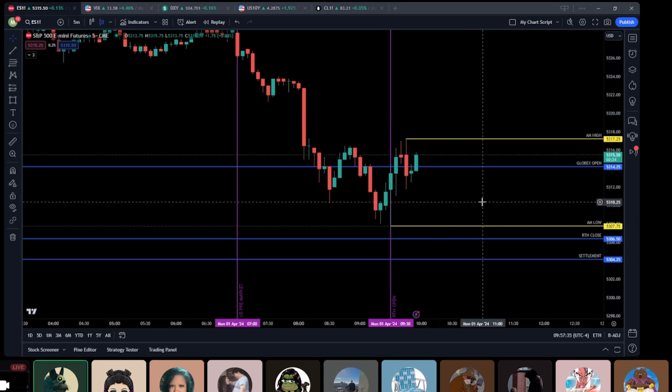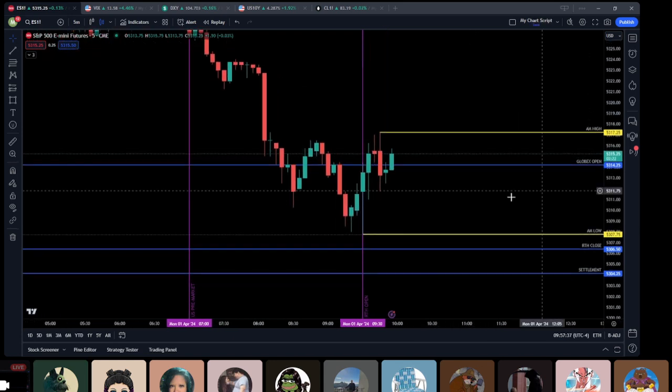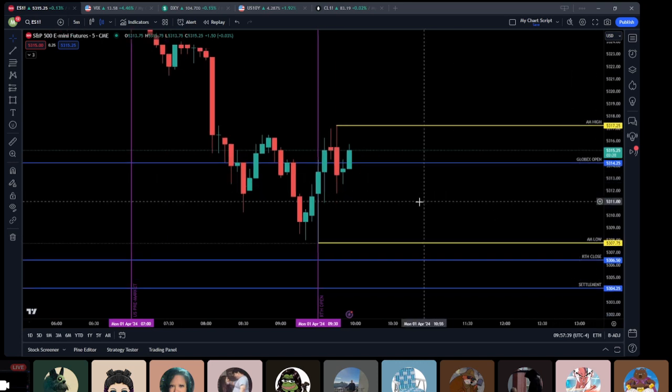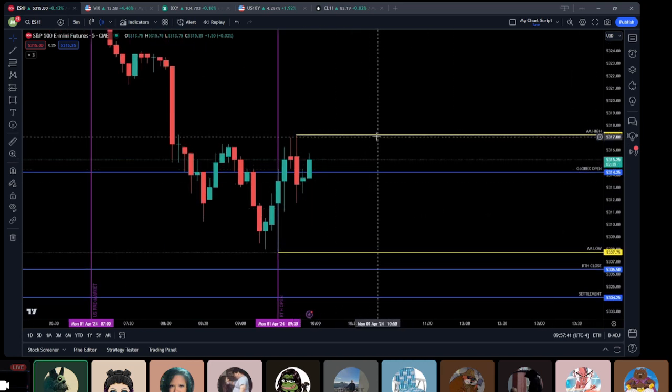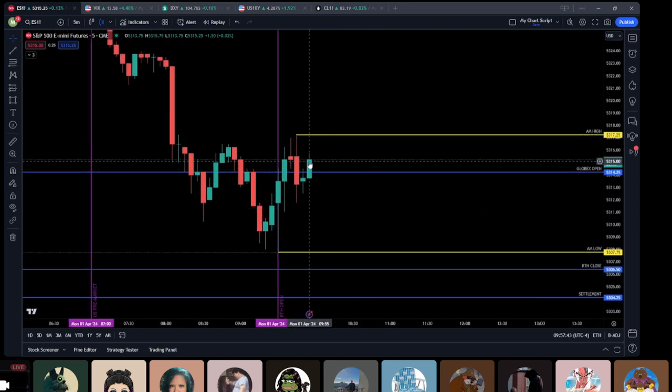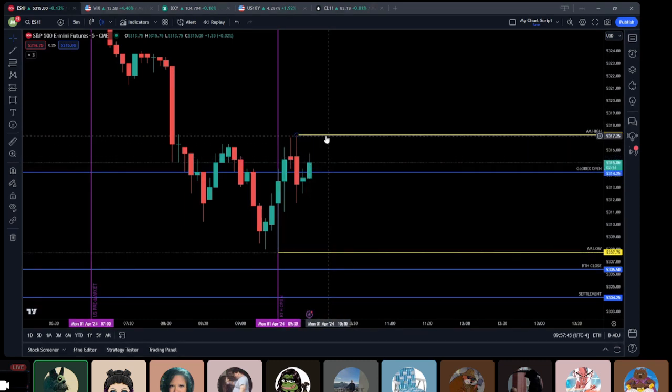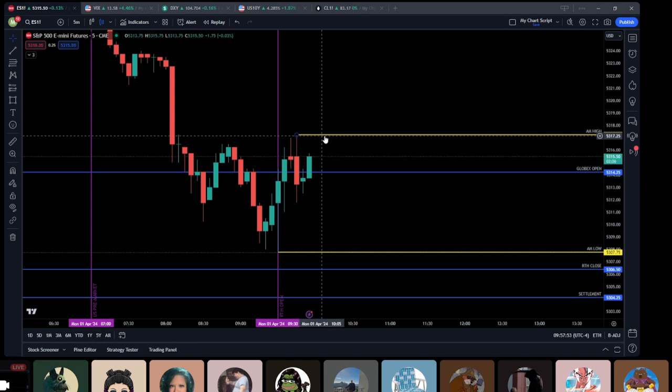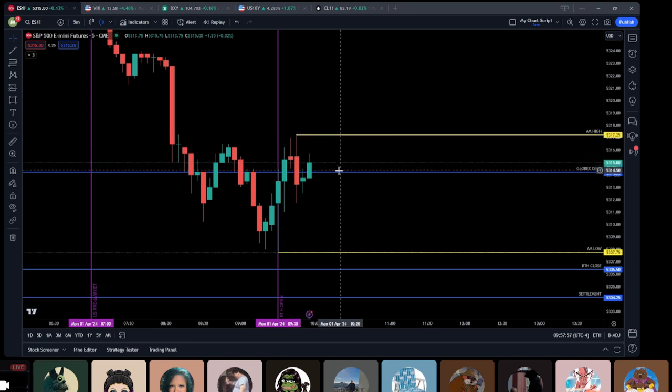So how would this happen today? Right now, we are approaching our AM session high. If this candle gets up to here by about 10:05, I would be more interested in taking shorts or puts to the downside on a retracement back to the Globex open or to our RTH opening price, which is down here at 53.11.